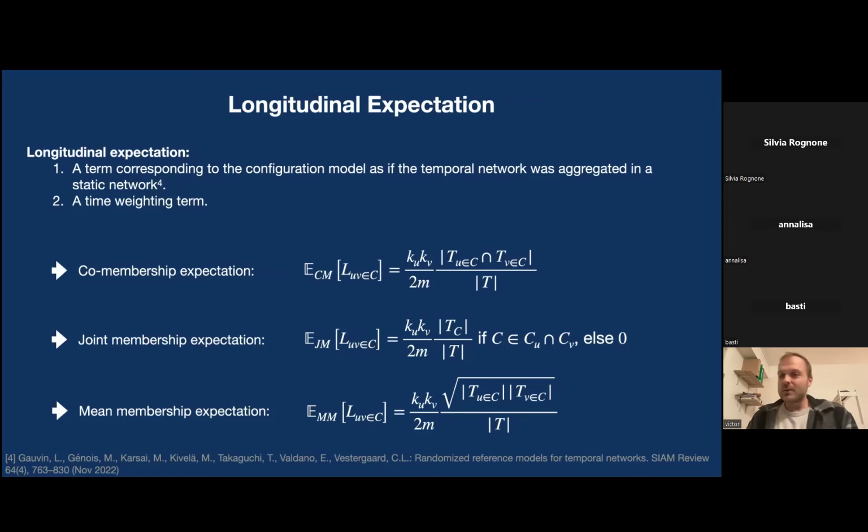So spoiler alert, it's not that easy to find a null model on temporal networks, on link streams especially. So what we propose is the longitudinal expectation. It is made of two terms. We propose three versions of it: the co-membership, the joint membership, and the mean membership. Each of the three is made of the product of two terms.